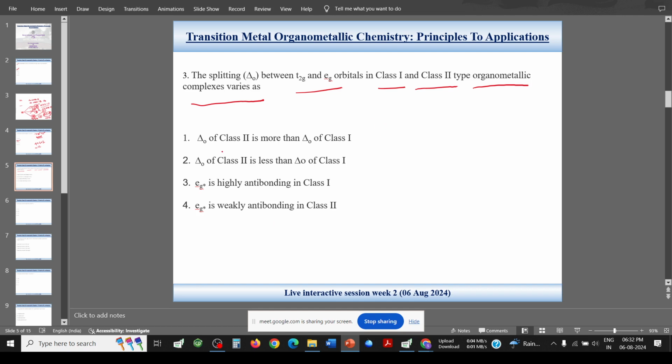So delta 0 of class 2 is more than delta 0 of class 1. Delta 0 of class 2 is less than delta 0 of class 1. Eg star is highly antibonding in class 1. Eg star is weakly antibonding in class 2.